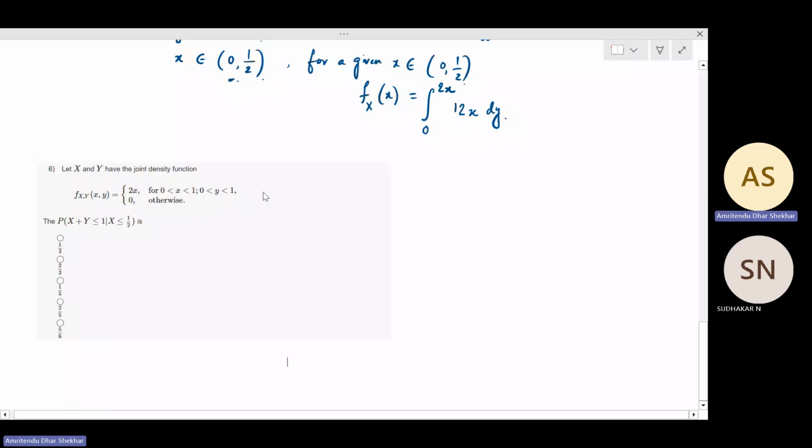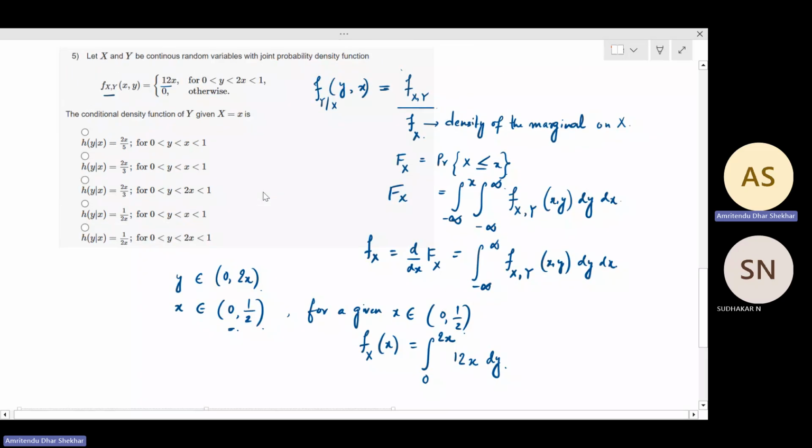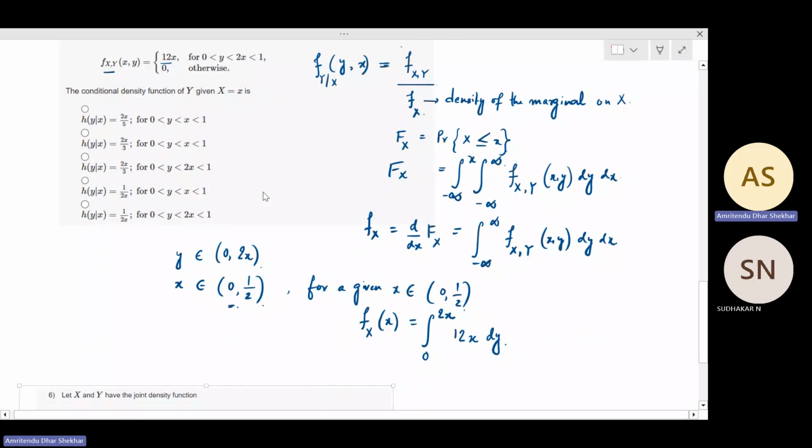Okay, so let's look at this problem. It is again of a similar kind, except for the subset that you're dealing with. Here we have y that takes values from 0 to 2x.